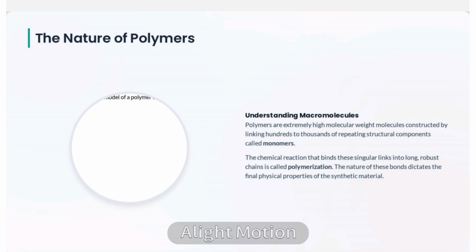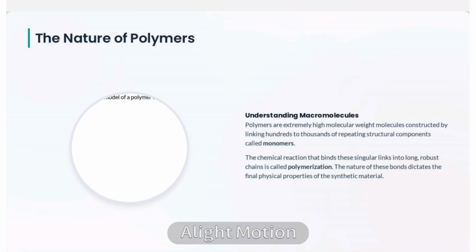At its simplest, a polymer is a giant molecule made by linking hundreds of thousands of repeating units called monomers. Think of monomers as individual paper clips and the polymerization reaction as the process of hooking them together to make a long chain.